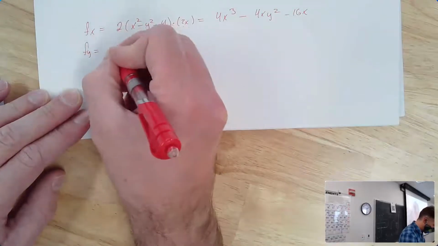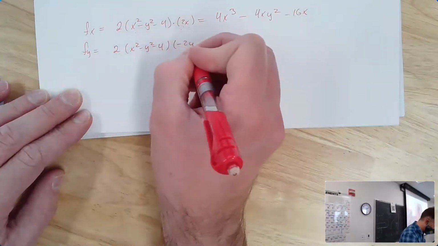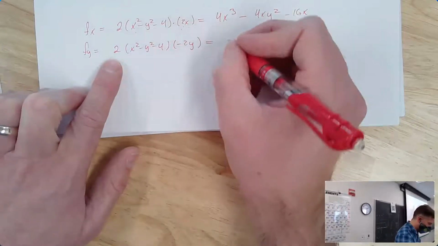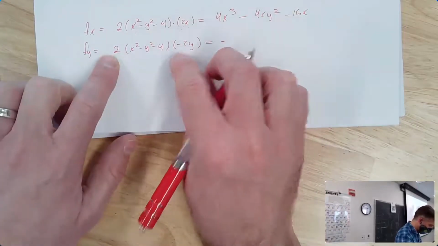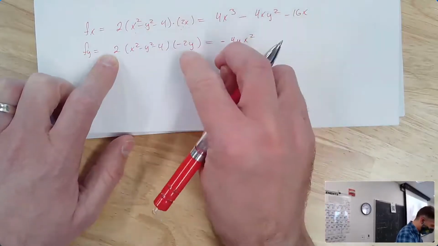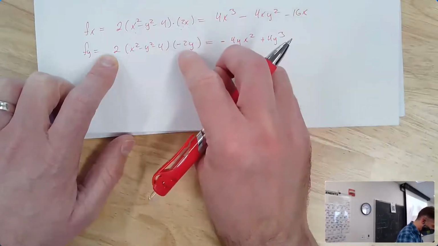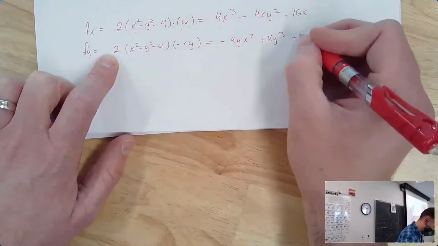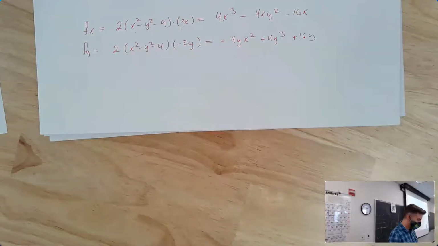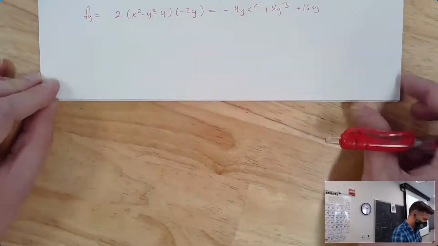Fy, which was 2 times x squared minus y squared minus 4 times negative 2y, is going to be a negative 4y times x squared, and negative 4y times negative y squared, and the negative 4y times negative 4. All right. So now let's use that to find our second partials.